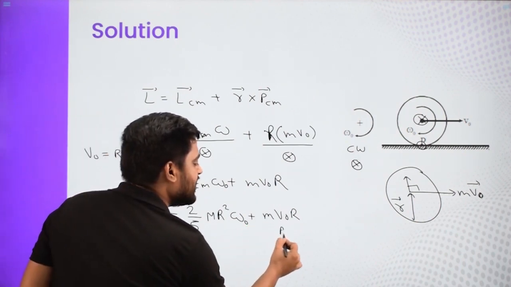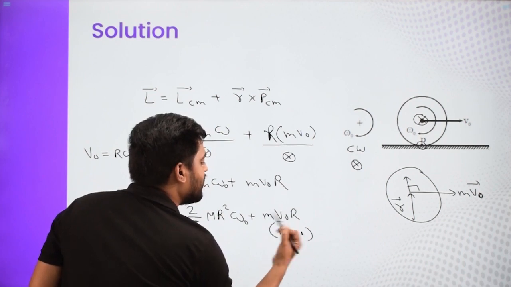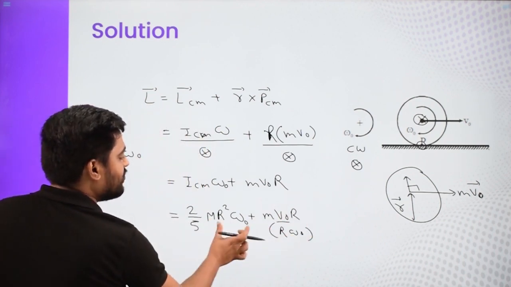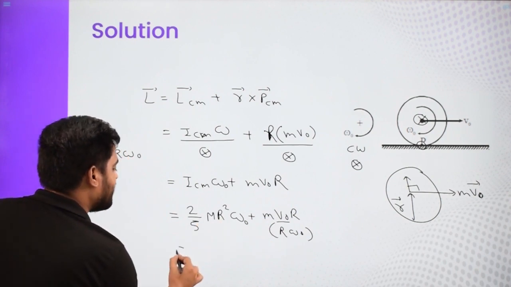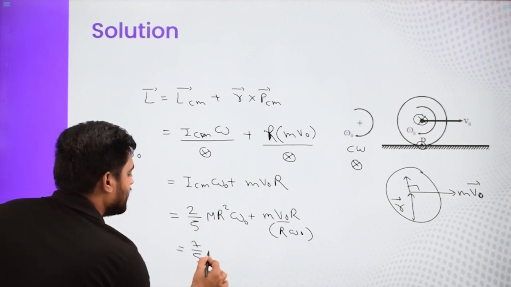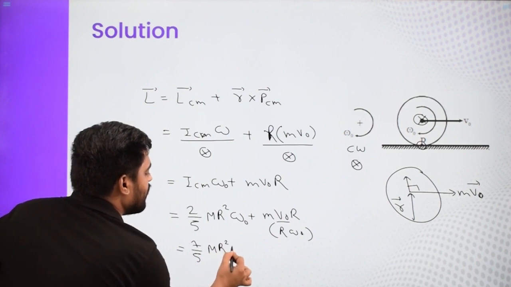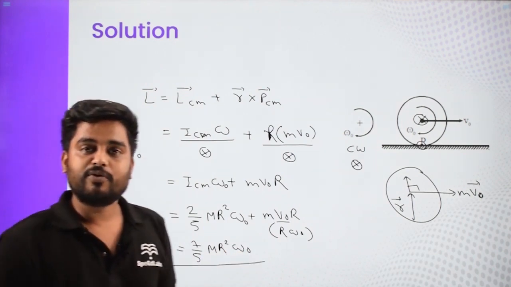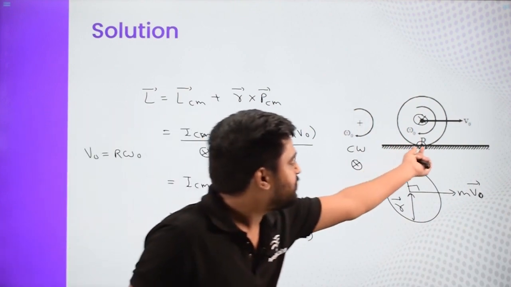When we write r omega naught instead of v naught, we get m omega naught r square, which is m r square omega naught. So this is 1 plus 2 by 5, that is 7 by 5 m r square omega naught. This is my angular momentum about the point of contact.